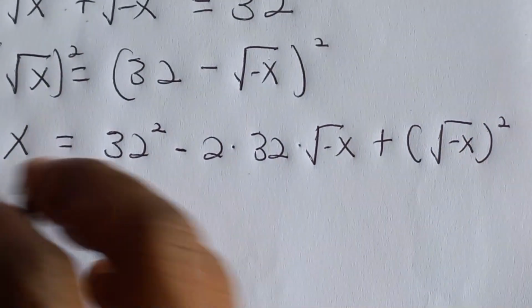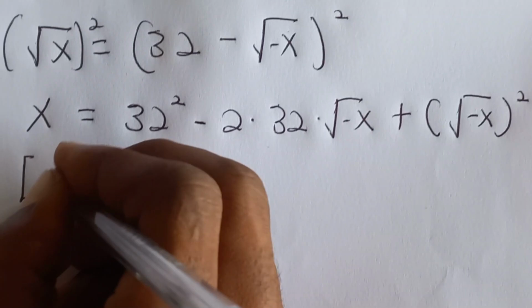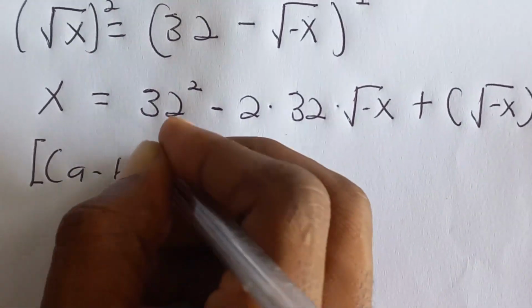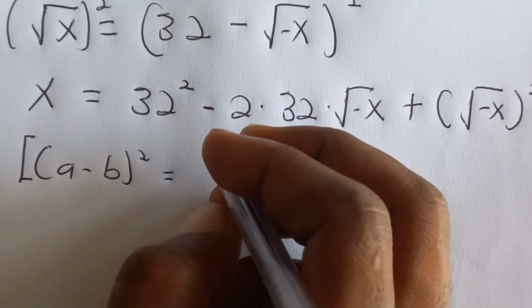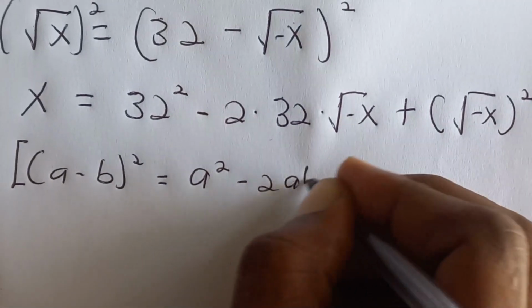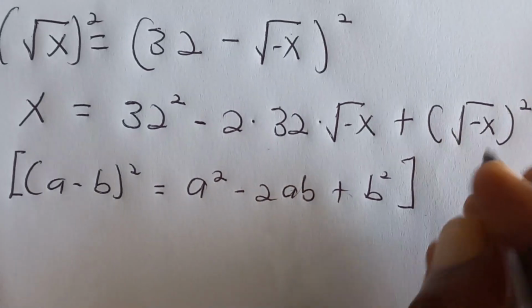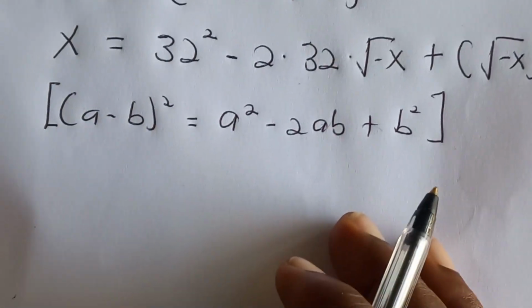Algebraically, we express this as a minus b all squared, which is equal to a squared minus 2ab plus b squared. So this is the expression here.